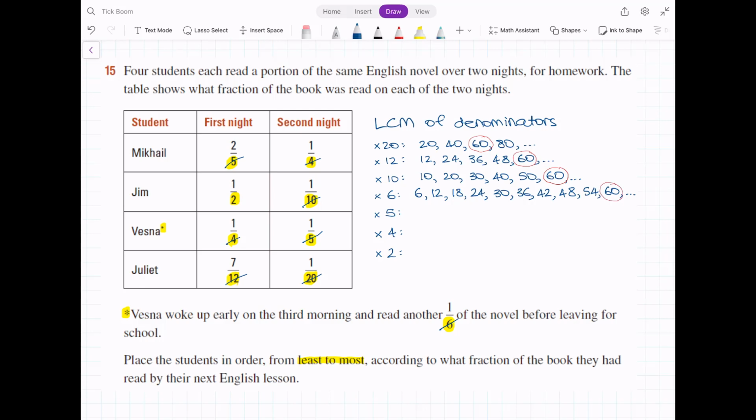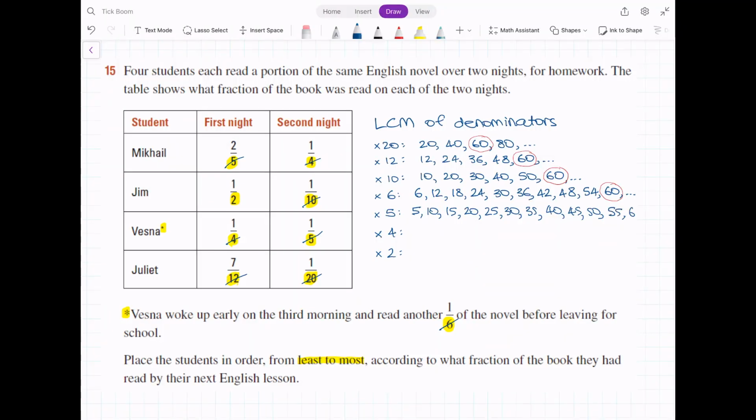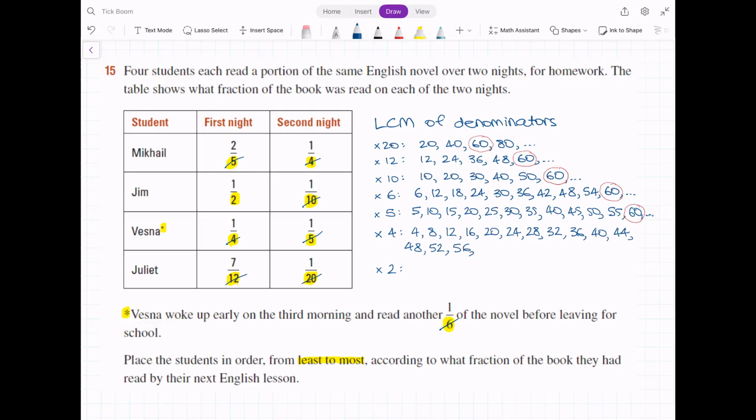For 5, it would be 5, 10, 15, 20, and so on, 55, and then 60, and then we stop there because we've got our lowest common multiple. I might just make a bit more space here because we might need a bit more room to write the multiples of 4 and 2. For 4 we'll have 4, 8, 12, 16, and so on, 56, and then 60, so we stop there.